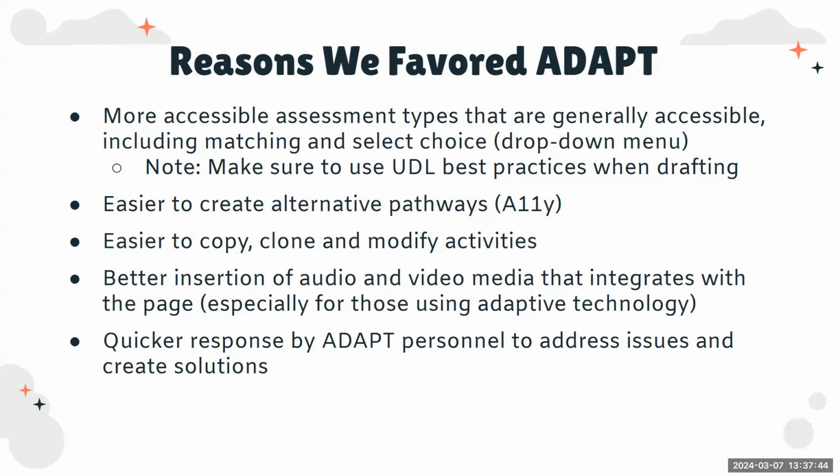But there are guides to help you with that. ADAPT also makes it very easy to create alternative pathways. Even though most of their assessment types are fully accessible, there are a couple that may need some extra help for certain students, and it's a lot easier to set up those ally pathways.